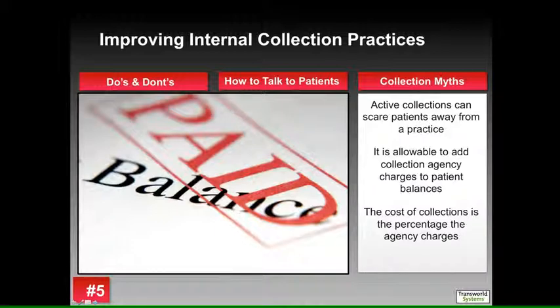The next one is allowable to add collection agency charges to patient balances. Someday this is going to go away, but still there are practices out there that believe that you can add your 25, your 35, your 40% onto the bill and then place it with your percentage agency. And this gets struck down again and again. It was struck down again in February, where in other states under no circumstances is this allowable.